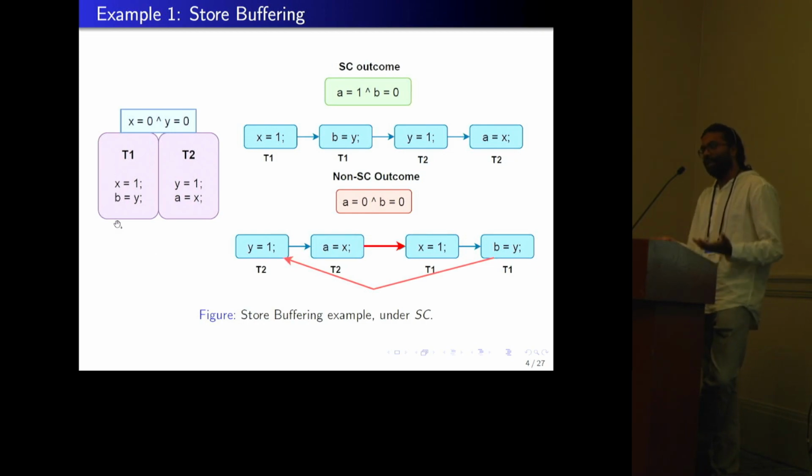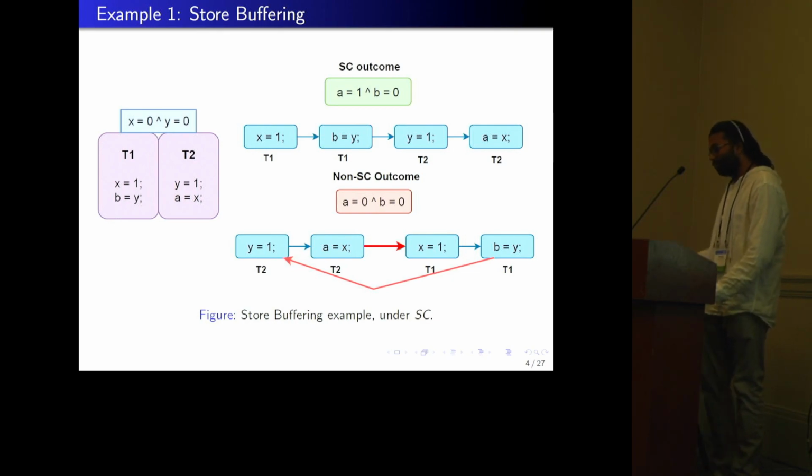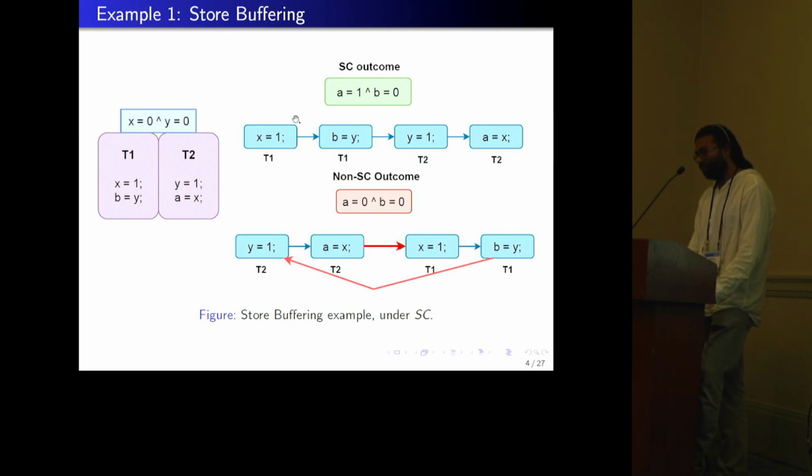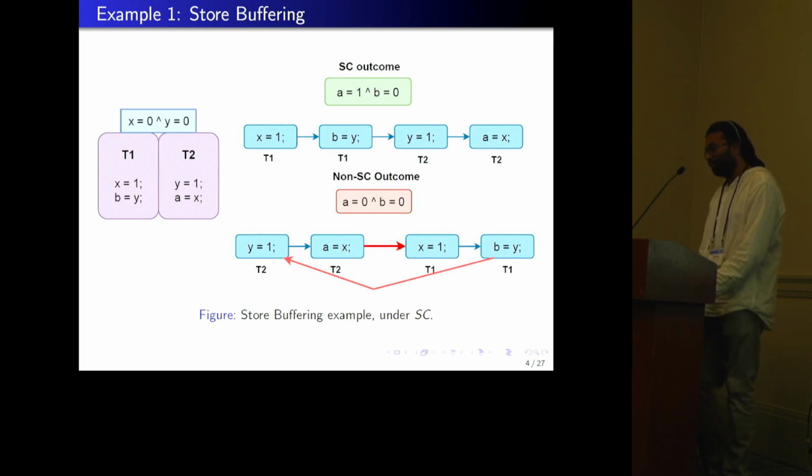T1 does a write to X, followed by a read from Y, and T2 does a write to Y, followed by a read of X. One simple sequential interleaving outcome is A returns 1 and B returns 0. This is possible if both memory accesses of T1 are done first, followed by T2. So that's a simple sequential interleaving.